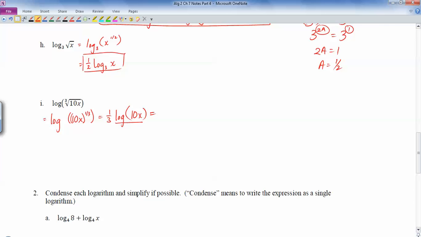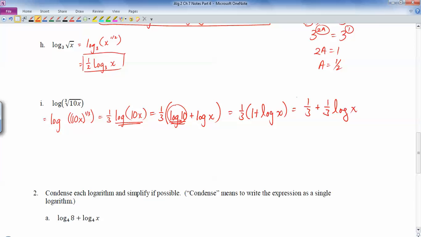Okay, then I can split this log using the product rule into a 10 plus an x one. So it's going to be 1/3 and then log of 10 plus log of x. The log of 10, that's really a base 10 there, so this thing is 1. So it's 1/3 times 1 plus log x. And then if you wanted to, you could split that up into 1/3 plus 1/3 log x.